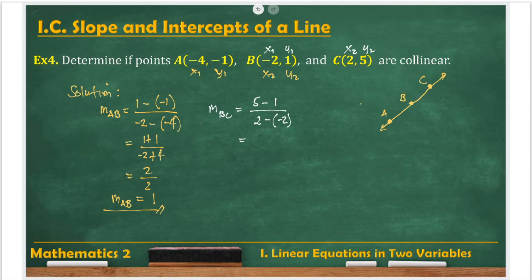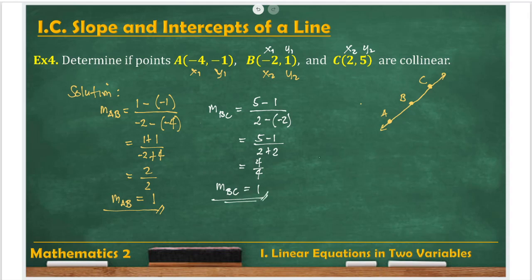Or we have 5 minus 1 all over 2 minus a negative 2 is 2 plus 2. Or we have 4 over 4. And 4 over 4 is equal to 1. Therefore, the slope of the line through points B and C is equal to 1.